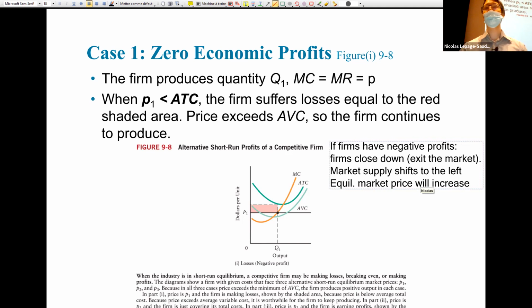If they exit, then that's just how the market is going to react. So the equilibrium market price will increase. And then, if the equilibrium market price increases, the remaining firms will make a profit again, or will stop having losses.